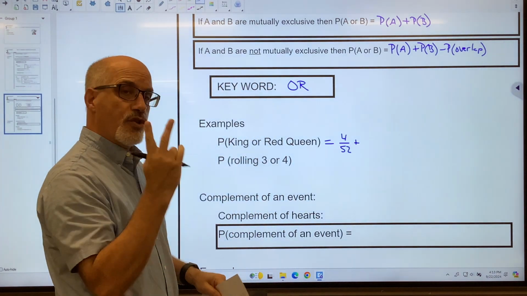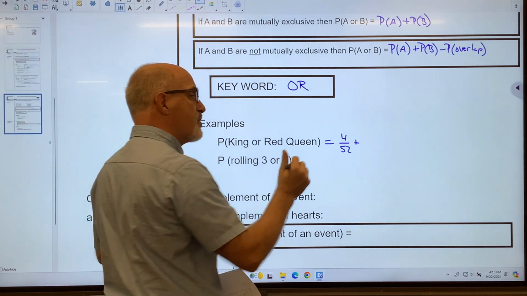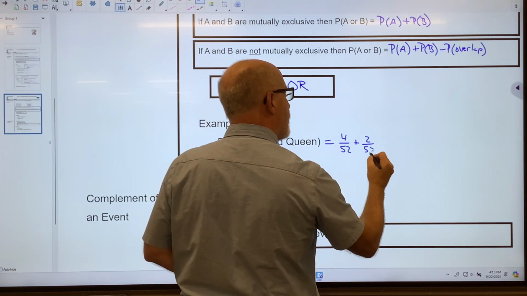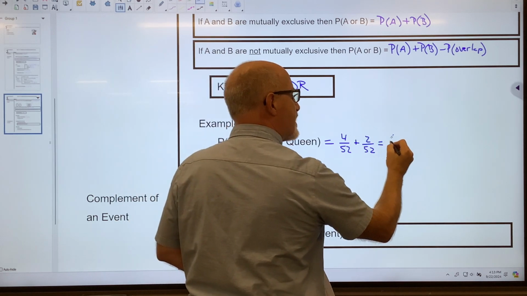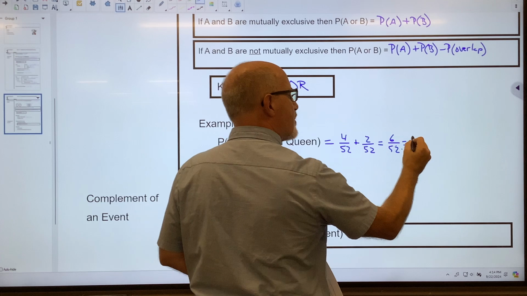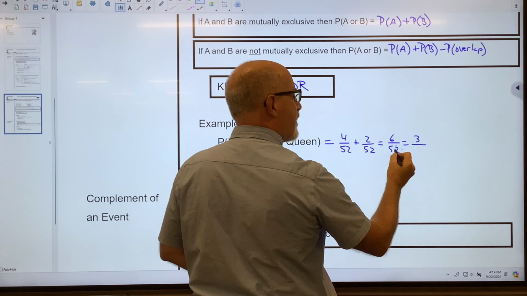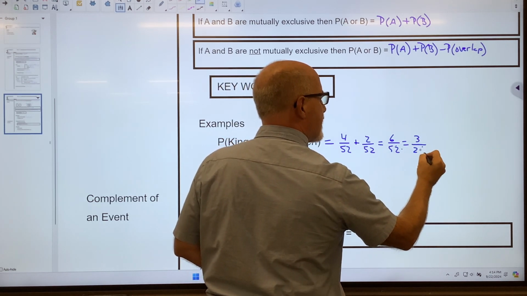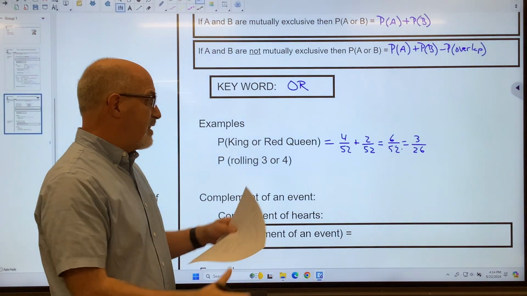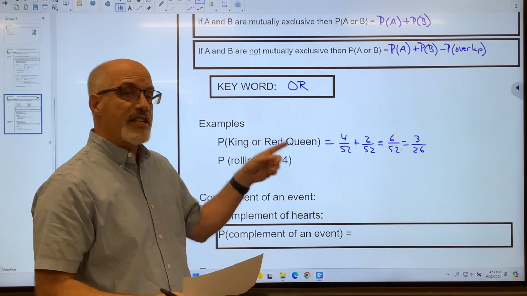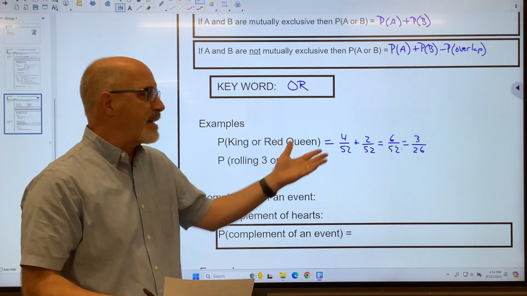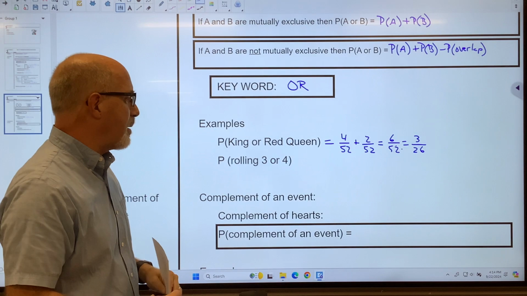There are 2 red queens, diamonds and hearts, so I'm going to have 2 out of my 52. Add those 2 together and you get 6 out of 52, which we can take a 2 out of each of those and I get 3 out of 26. So 3 out of 26 is my probability for this. This is success, but one event, pulling one card out and getting either this or that. I get to combine the 2 probabilities.